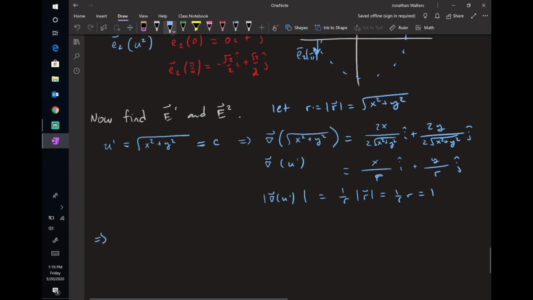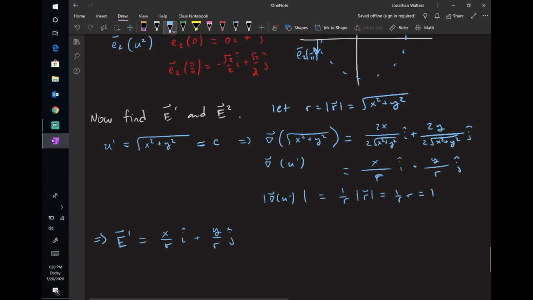So then, capital E1 is equal to x over r i plus y over r j.